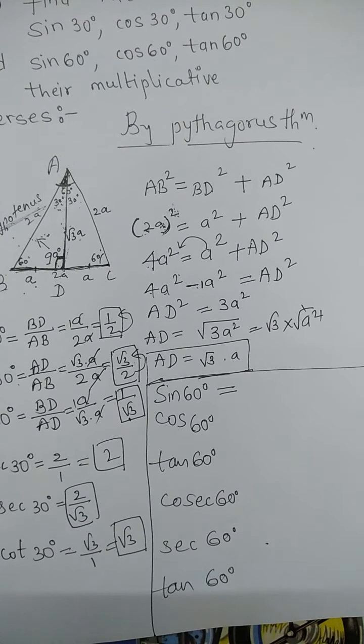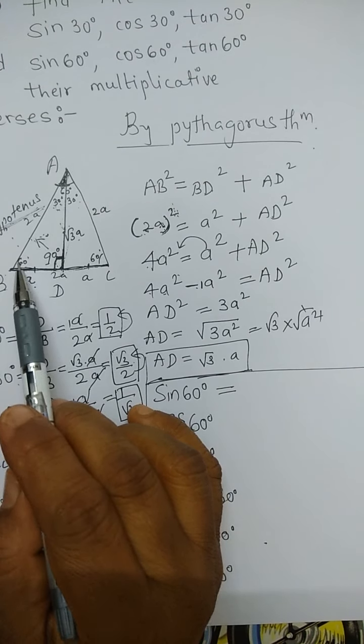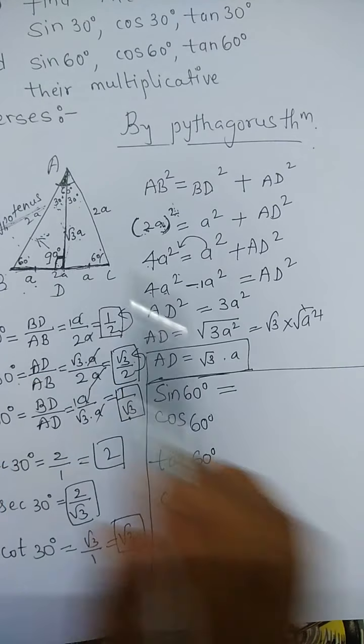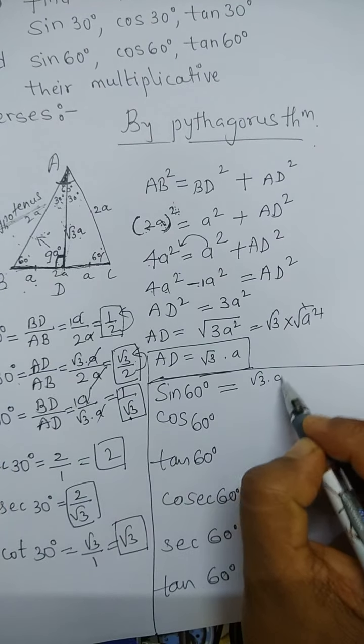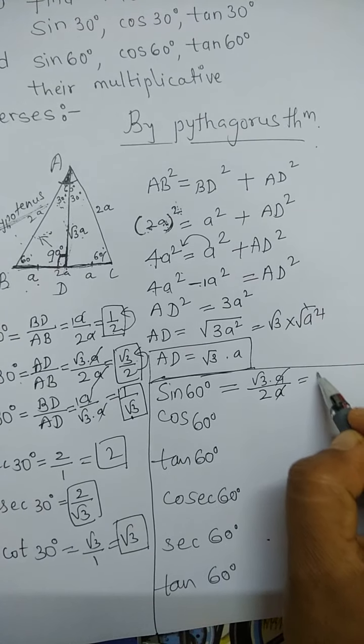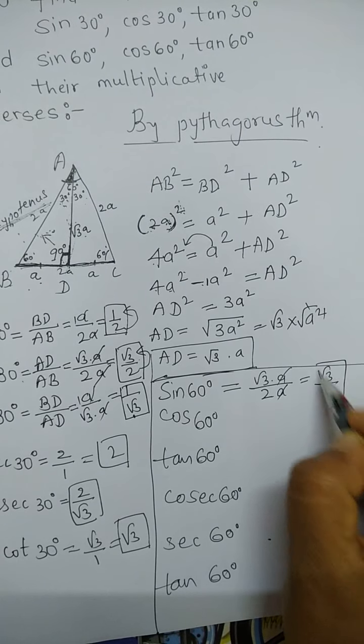Sine 60 is opposite upon hypotenuse. For the 60 degree angle, opposite is root 3a, upon hypotenuse is 2a. A cancel, we got root 3 by 2.